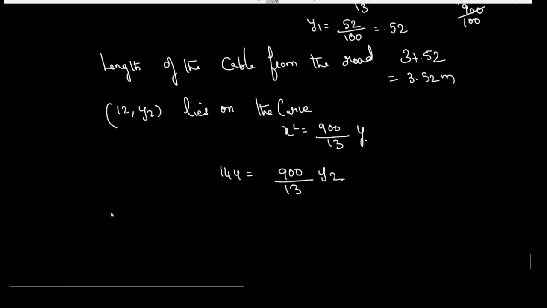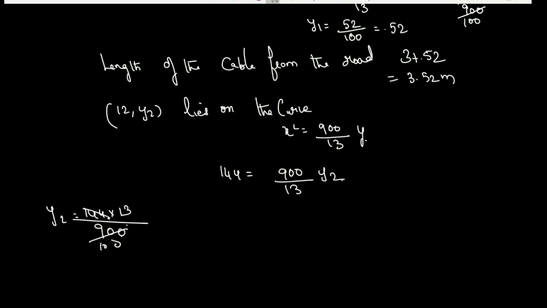So y2 will be 144 into 13 by 900. 144 by 900 is 16 by 100, and 16 into 13 is 208 by 100, that is equal to 2.08.